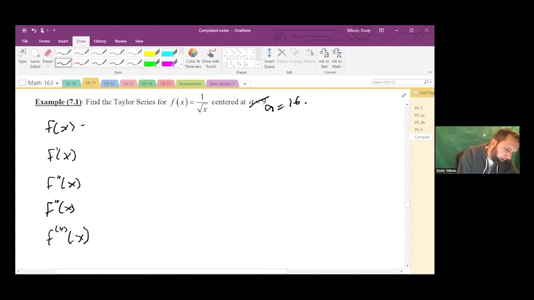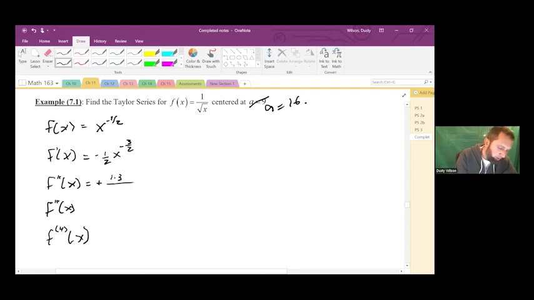Remember that when you are working with roots and fractions, it's easiest to write this as a fractional exponent. So we'll write this as x to the negative 1/2, which tells us that our first derivative is going to be minus 1/2 x to the minus 3/2. The second derivative will be positive, and then let's see if we can keep our pattern here.